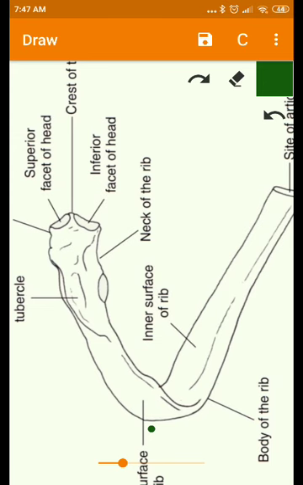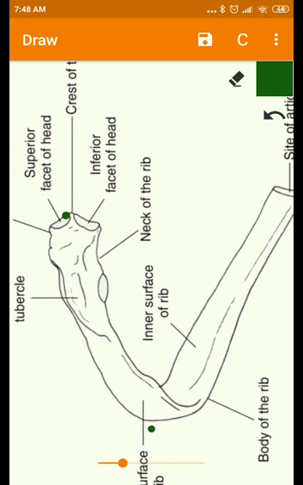The upper smaller facet articulates with the higher vertebra, whereas the inferior facet of the head of the rib articulates with the corresponding vertebra, that means the numerically same vertebra.